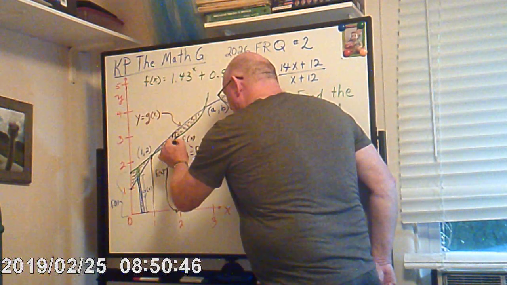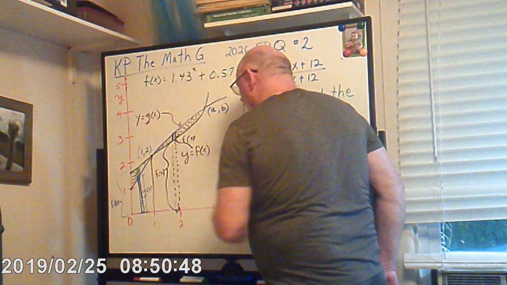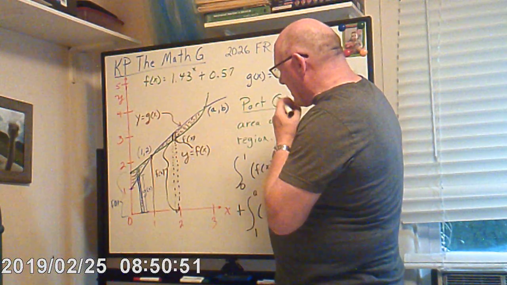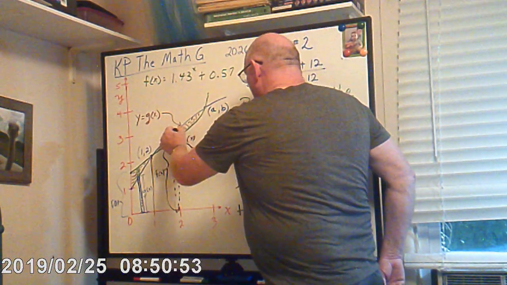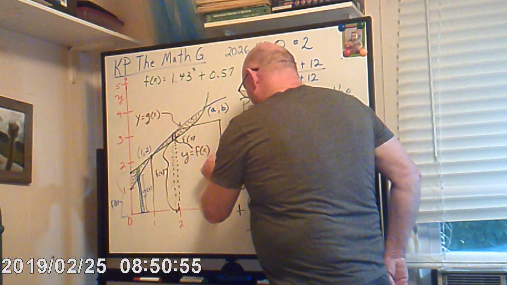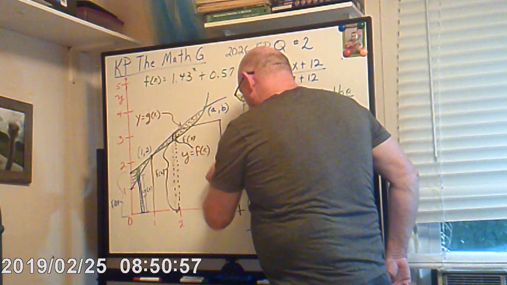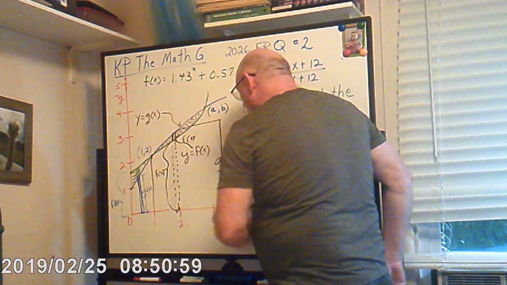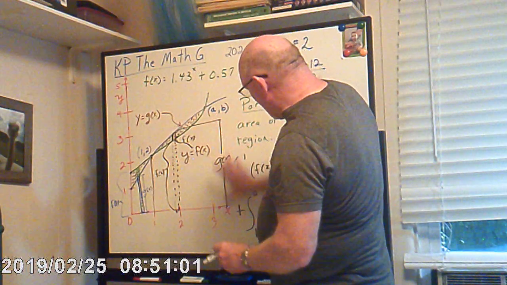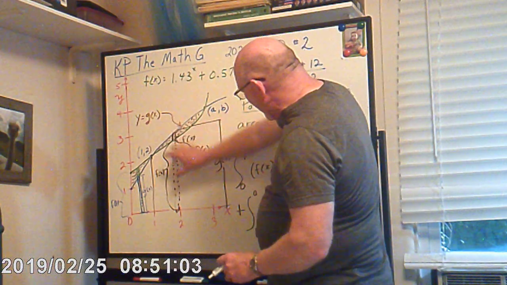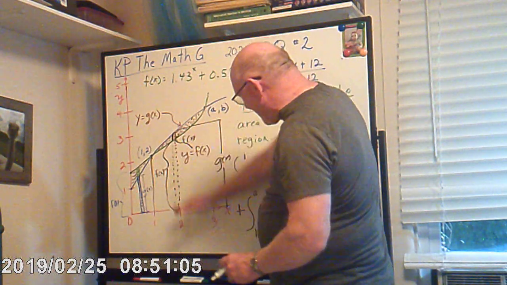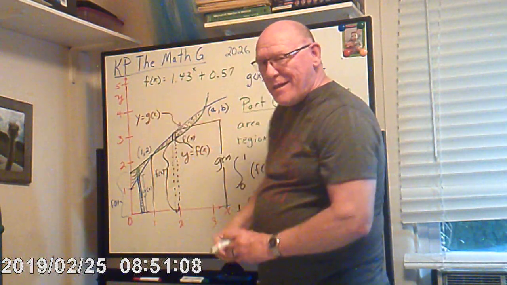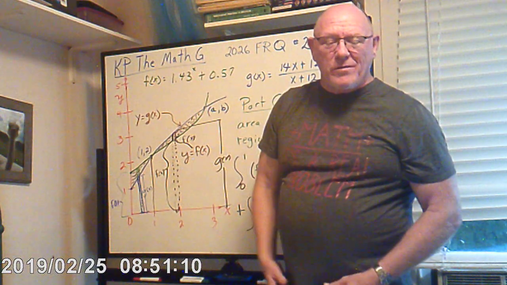That part right there. This part from here to here is g at x. That height there. So I'm taking away this height minus this height, which leaves that little bitty rectangular interval in there.